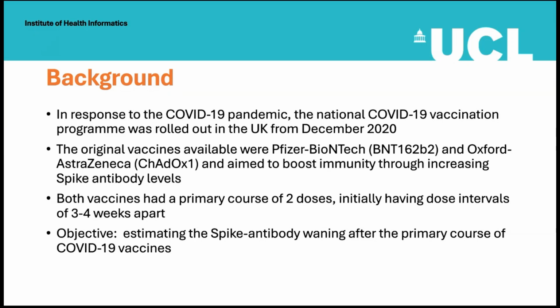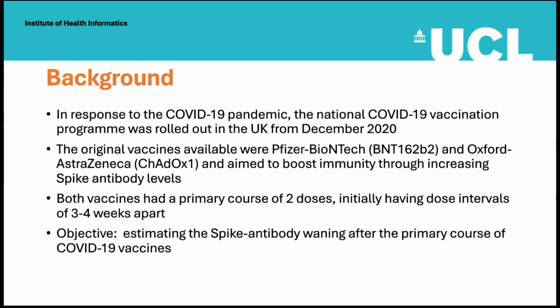And the Oxford AstraZeneca vaccine does this using a more traditional vaccine platform, which uses an adenoviral vector, which is a virus vector that stimulates the immune system without causing an infection and allows the body to produce antibodies. So they have different ways of working, but they both have the same target.